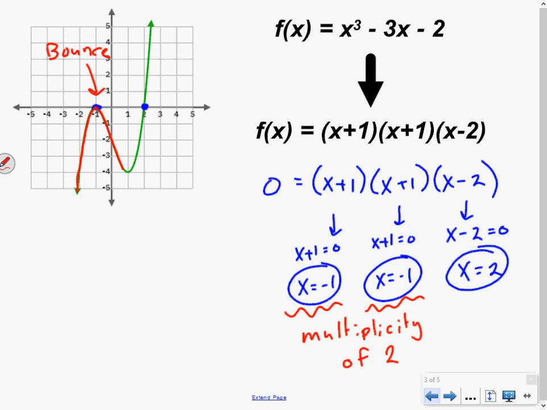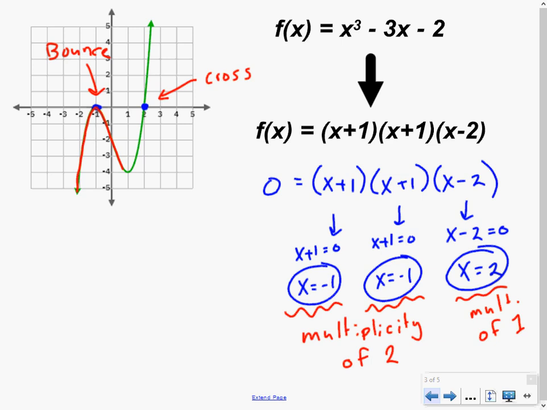But for something like x equals 2 that had a multiplicity of 1, that has an odd multiplicity, so it's going to cross at that 0. So if it has an odd multiplicity or a multiplicity of 1, it's going to cross at that spot on your x-axis. And if the multiplicity of your 0 is even, it's going to bounce, meaning it hits the x-axis and it turns right back around.